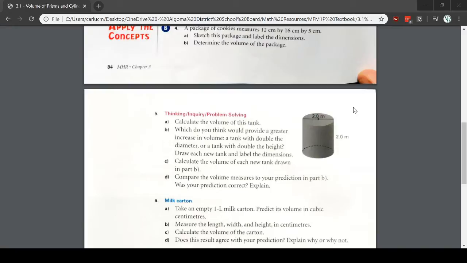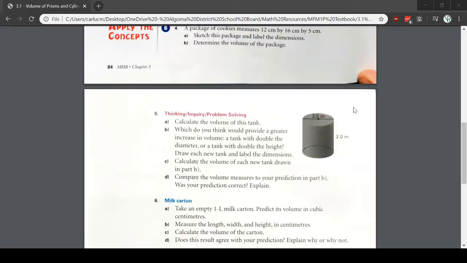And then we have 3.14 times 4 times 2. And that's going to give us 25.12. And rounding to the 1 decimal place, 25.1 meters cubed.